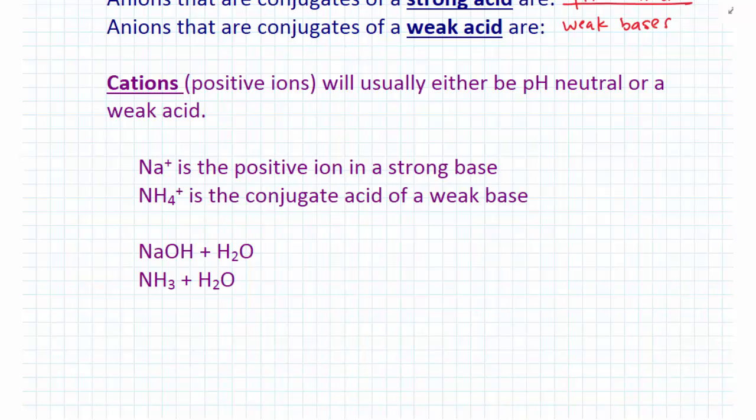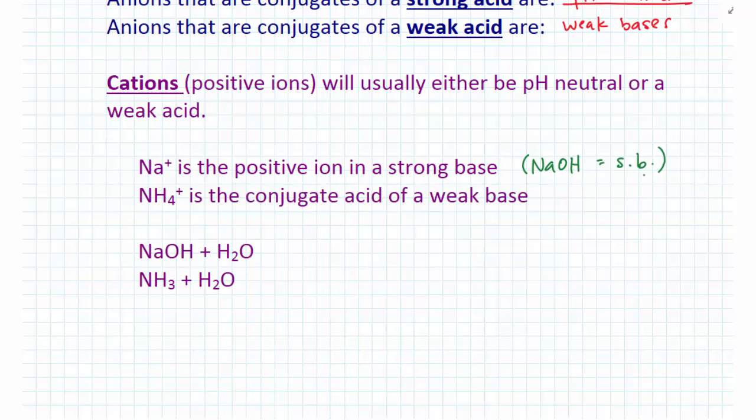To do that, we're going to talk about the same kind of bases that could produce these cations. Okay? Na plus is the positive ion in a strong base, right? Sodium hydroxide is a strong base. Okay? It's not necessarily like a conjugate, but it is the positive ion that is in a strong base.